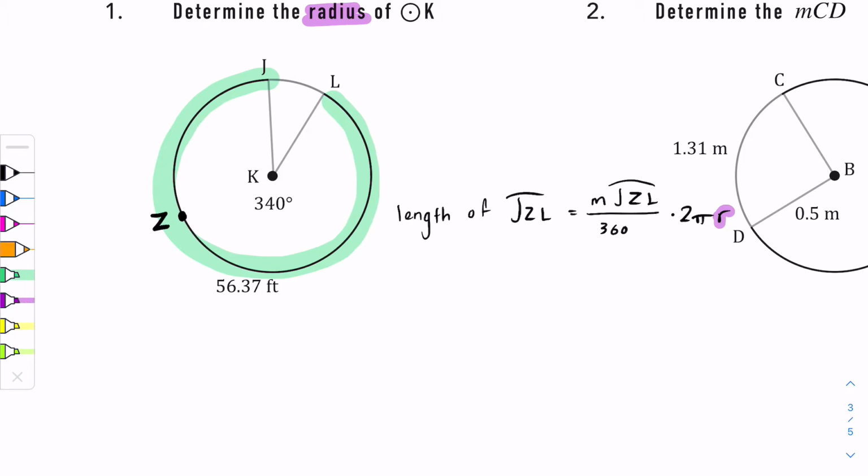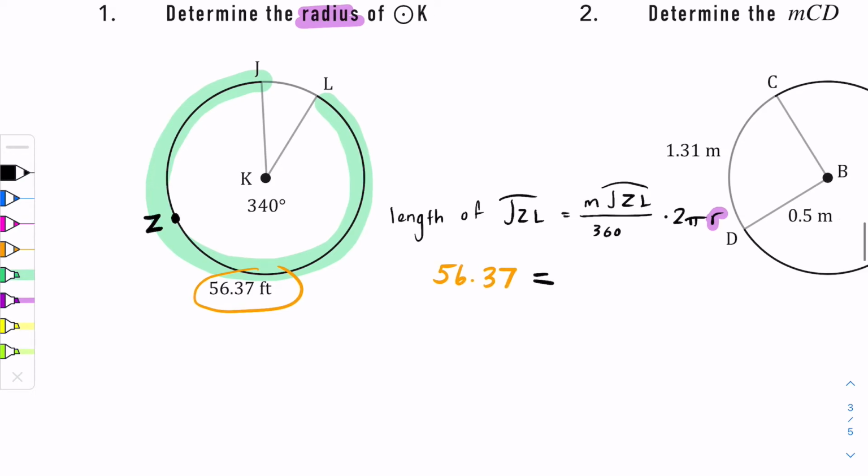What I do know is the length of JZL is 56.37 feet. I know that the measure of the arc is going to be 340, divided by 360, multiplied by 2 times pi times r. And we're solving for r.